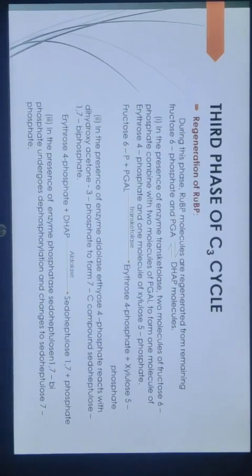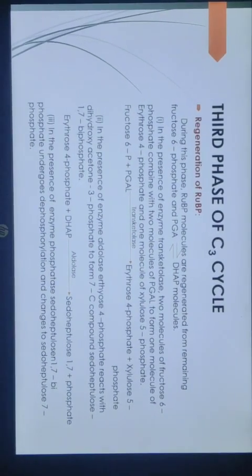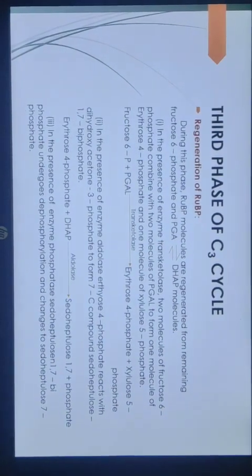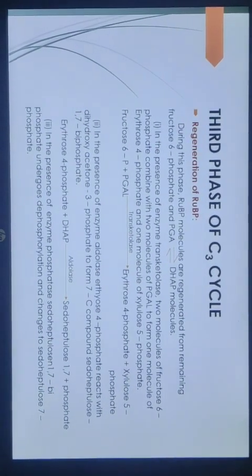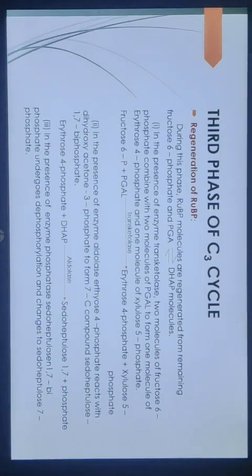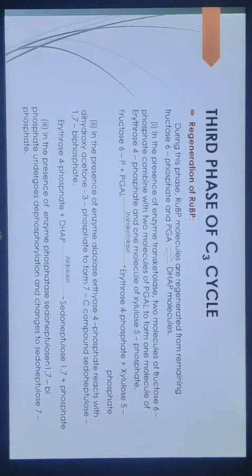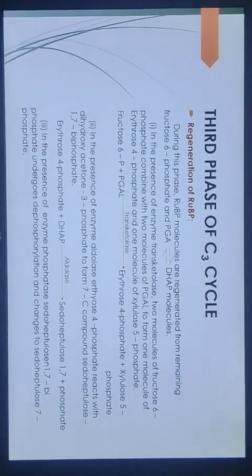Now the third phase of C3 cycle is the regeneration of RuBP. During this phase, RuBP molecules are regenerated as in the first step from the remaining fructose 6-phosphate, phosphoglyceraldehyde, and dihydroxyacetone phosphate molecules.